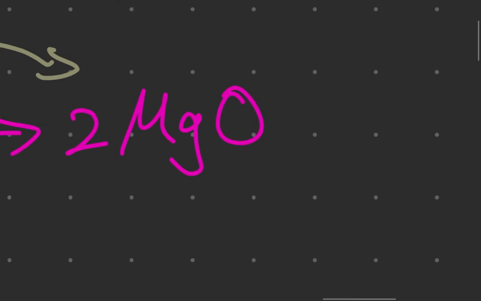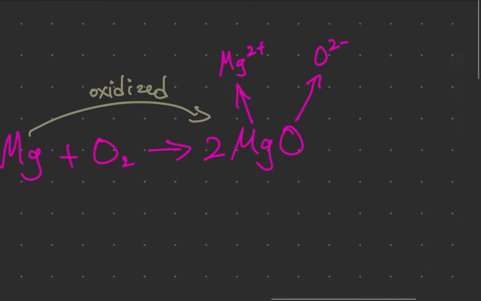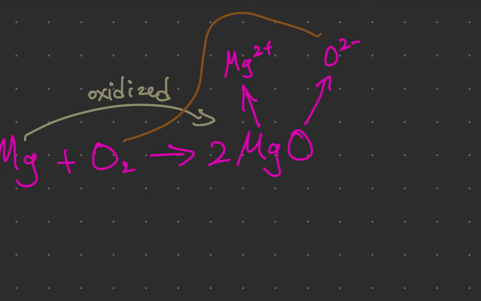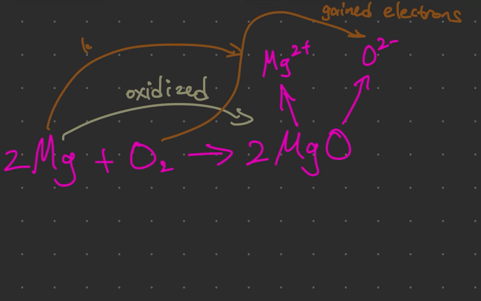Okay, now I want to take a look over here. The charge of magnesium in magnesium oxide is 2+, and for oxygen, it's 2-. So from here, we can see that oxygen has gained electrons and magnesium lost electrons.